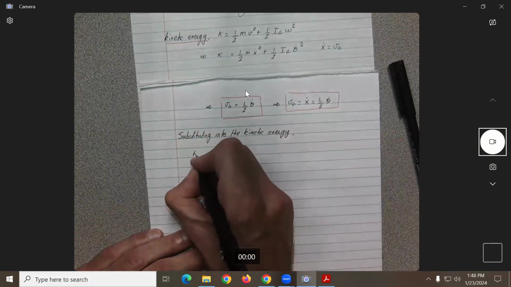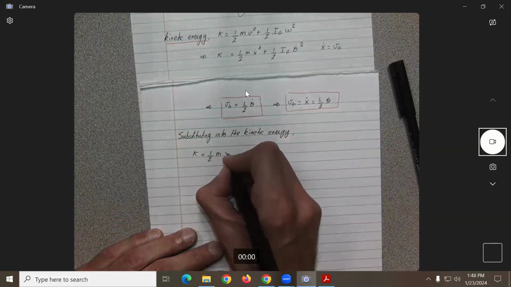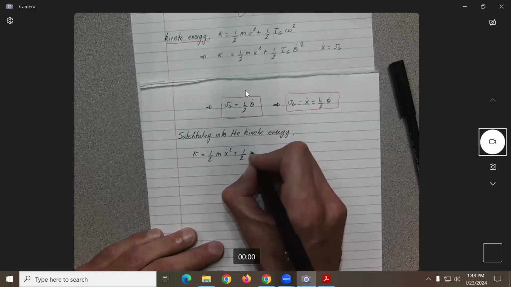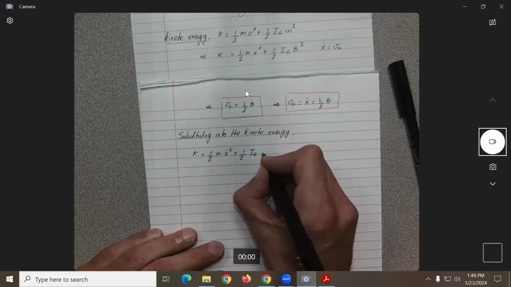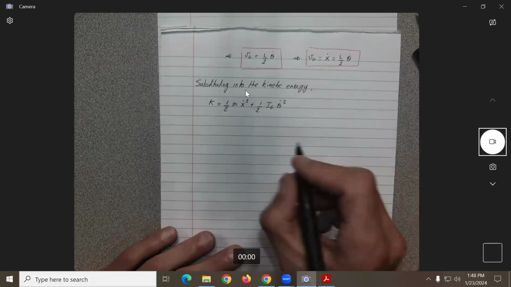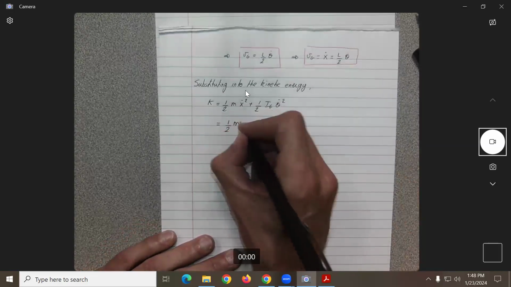So what do we get? K will be equal, and maybe just rewrite it, 1/2 m x dot squared plus 1/2 I sub g theta dot squared. So this will give you what? 1/2 m.